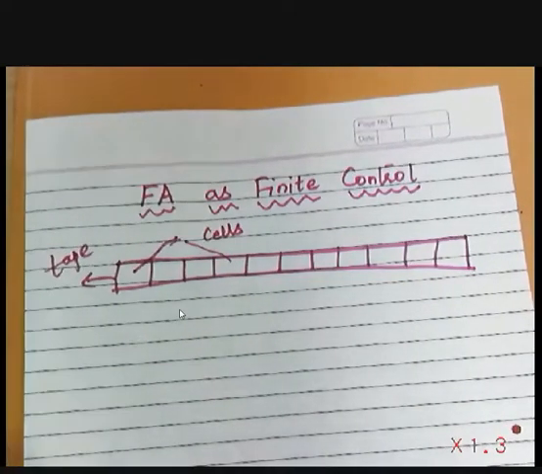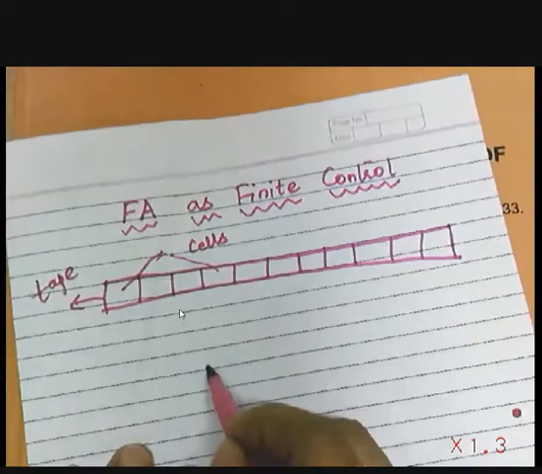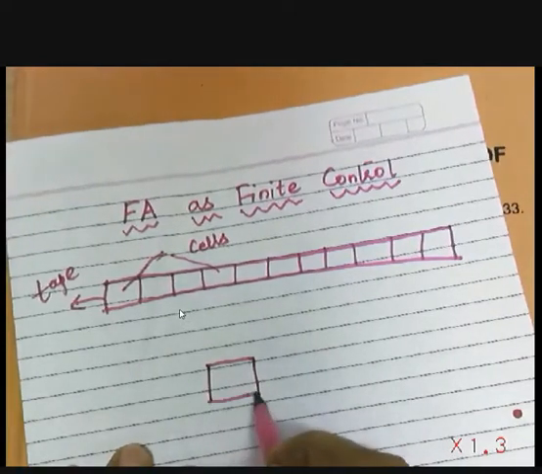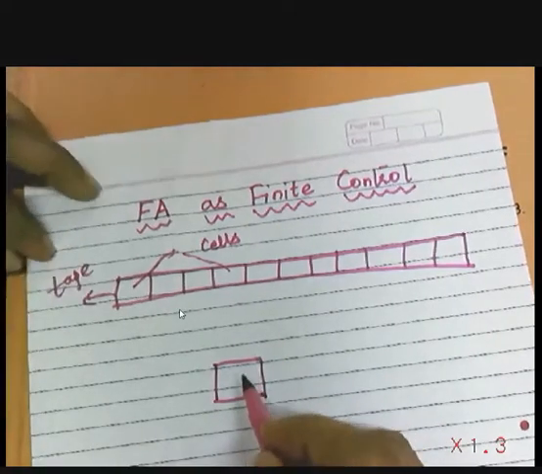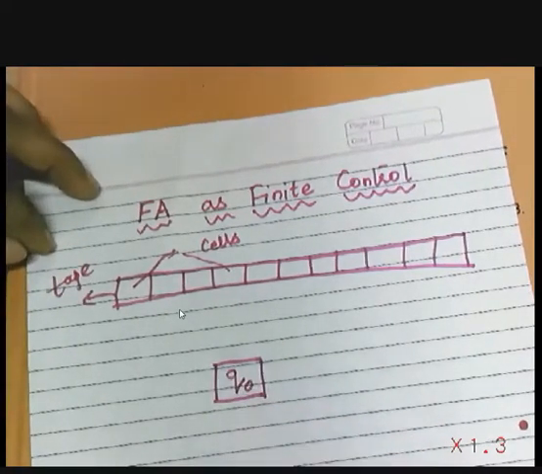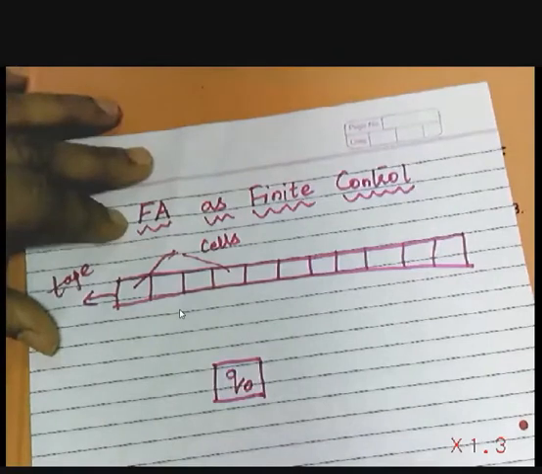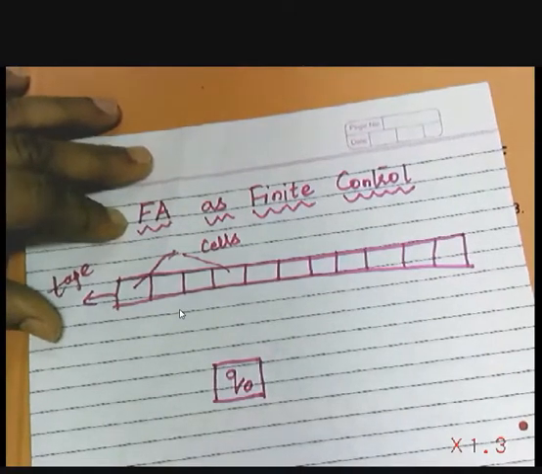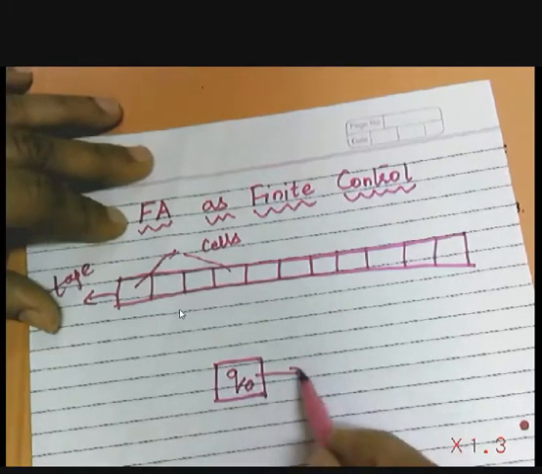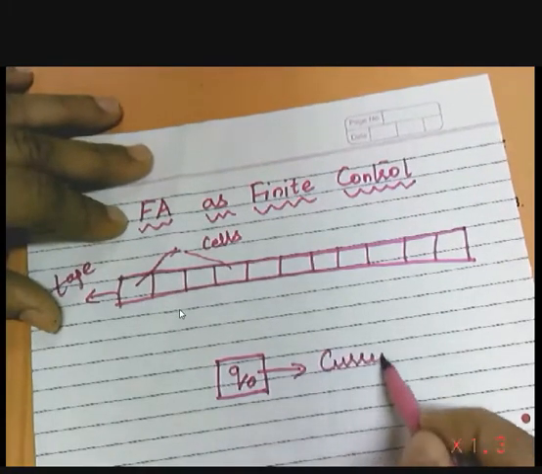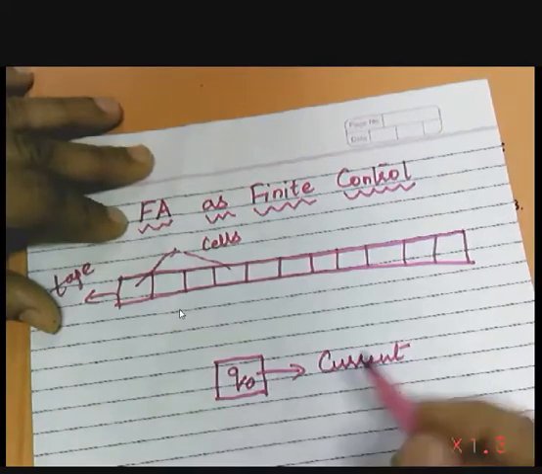Now there is a finite control, represented like this, where we keep the information of its state. For example, initially we have the current state as Q0. As we move on, the finite control changes the state. So this represents our current state in the current situation.